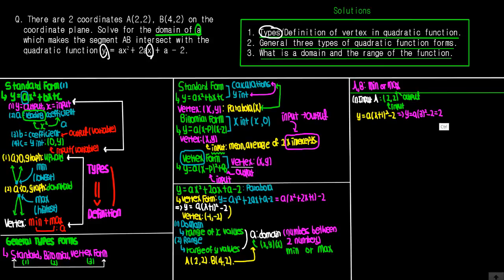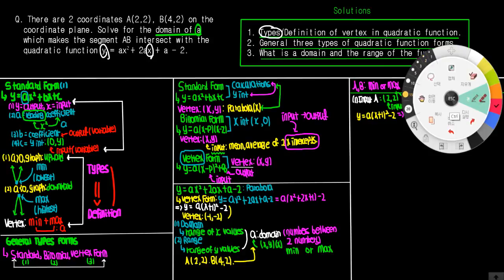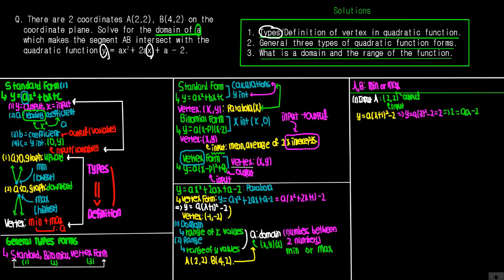If you simplify this expression, we get 2 is equal to 9a minus 2. From here, we can isolate our a value and solve for our first a value through our input value. And our a value from input A is 4 over 9.